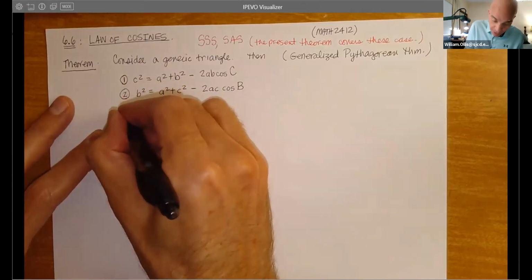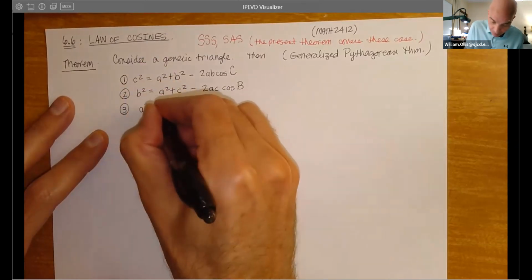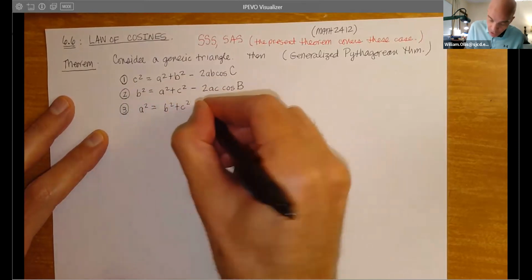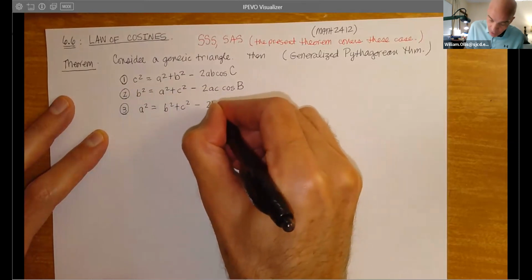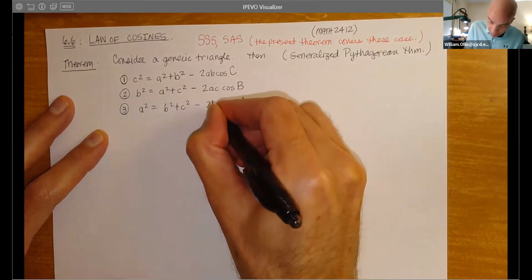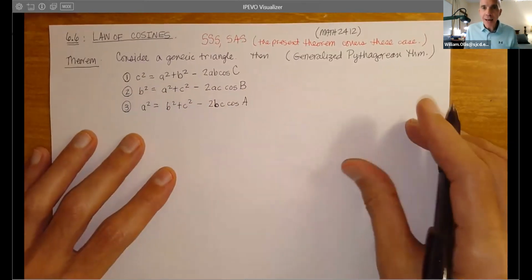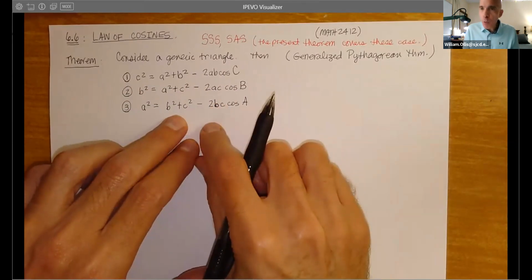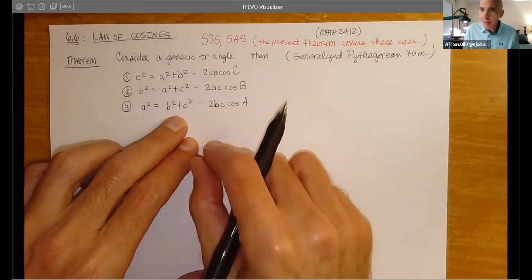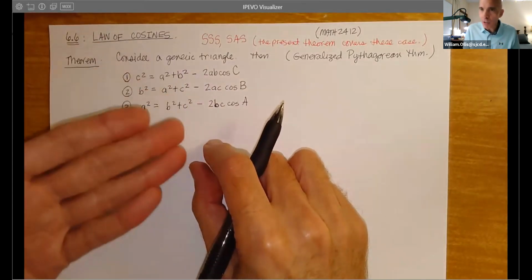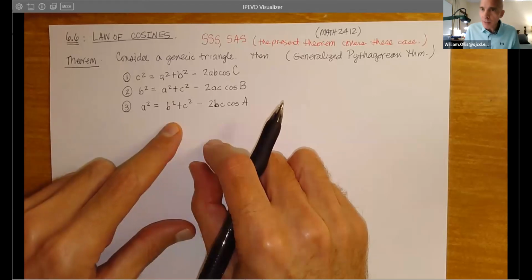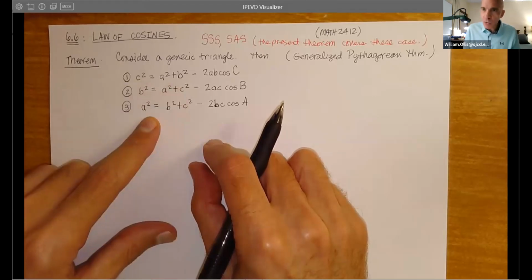And now let's just pick on A. So we'll have b squared plus c squared minus 2bc cosine A. Just like the law of sines, you'll use a form that corresponds to the labeling, but all of these are the same. I'm not trying to say there are 3 results. They're all equivalent. So it just really depends on how you label things.